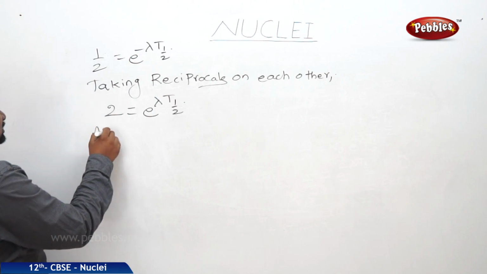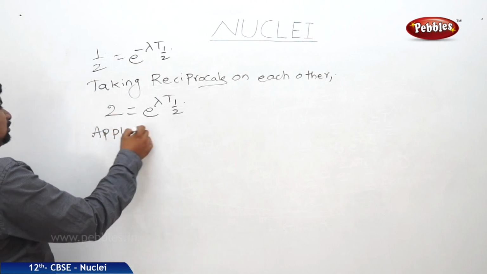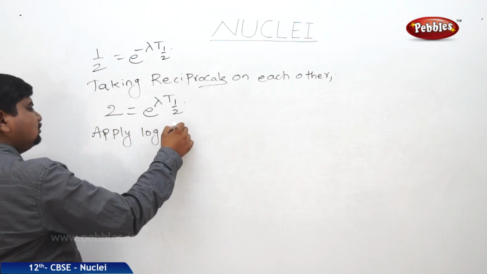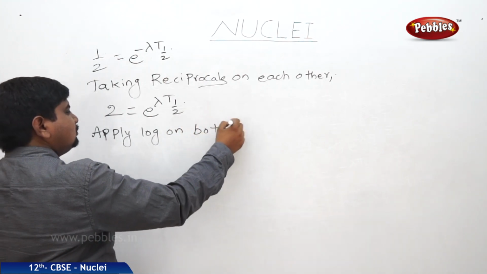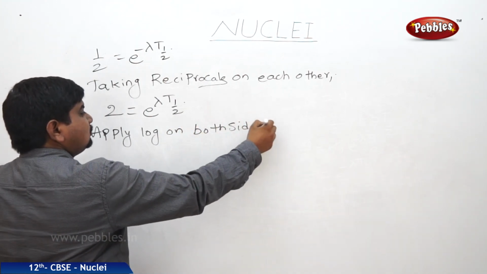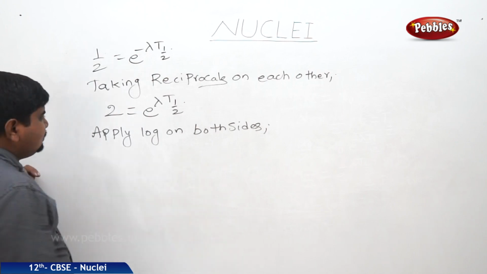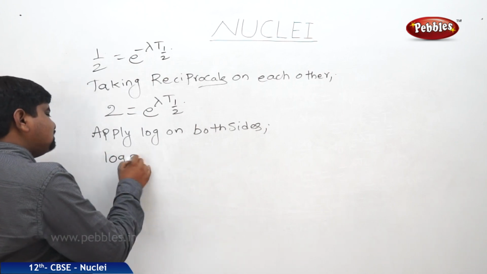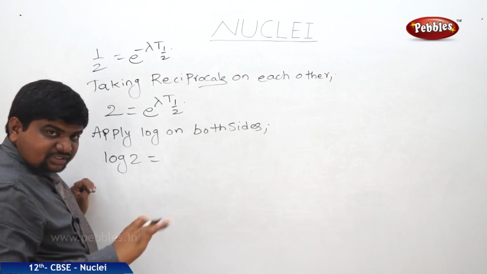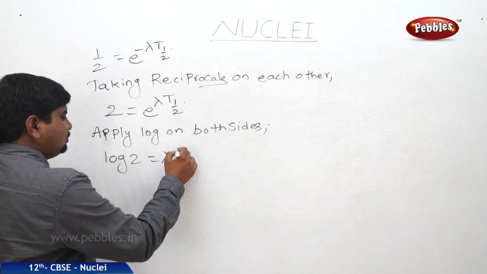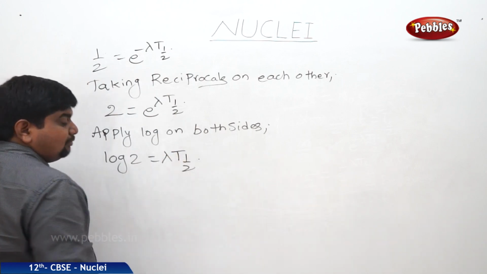Apply log on both sides. So log 2 is equal to log of the exponential; log and exponential cancel each other, leaving lambda t half.